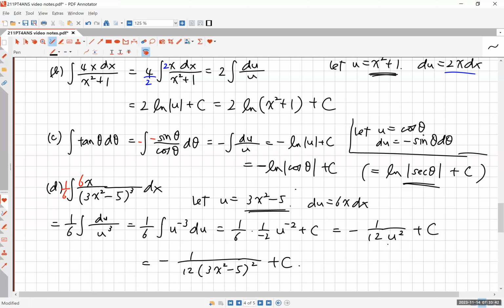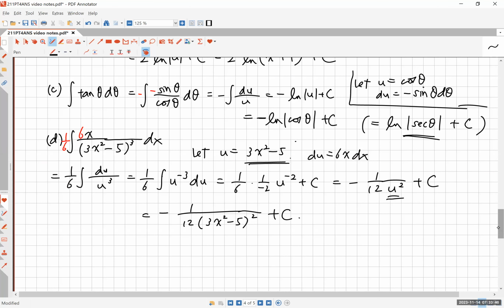And actually, you should not be using u in your final answer, right? Because u was something you just made up, and the person who asked you the integral using x does not know what x is. So if the question is described in x, the antiderivative or the indefinite integral should always have x in it, no u.